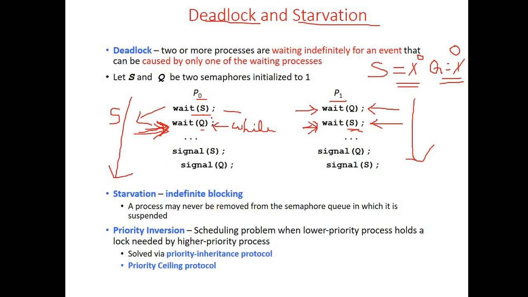So P0 will not terminate from the blocked state until P1 releases the lock on Q. P1 will not terminate from the blocked state until P0 releases the lock on S. But without knowing each other, these two processes are waiting for each other to release the locks.